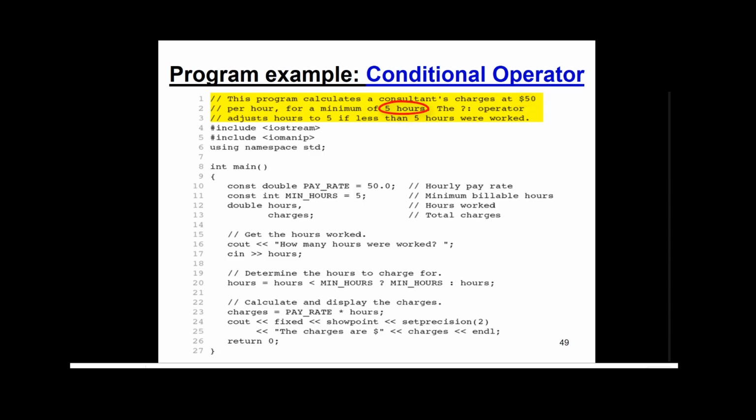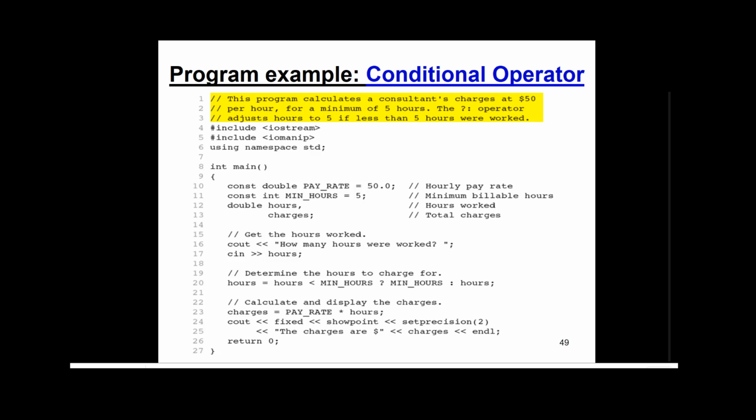So there's a minimum of hours. The conditional operator, the question mark and the colon, adjusts the hours to 5 if less than 5 hours are worked. It means if the hours is 4, it's still $50, because the minimum is 5 hours.